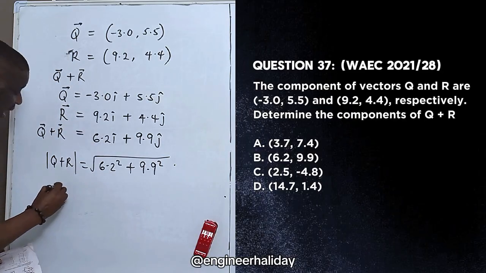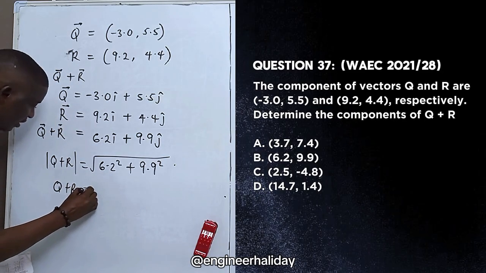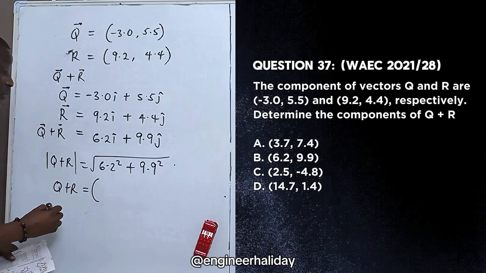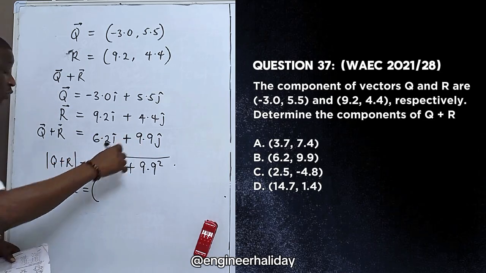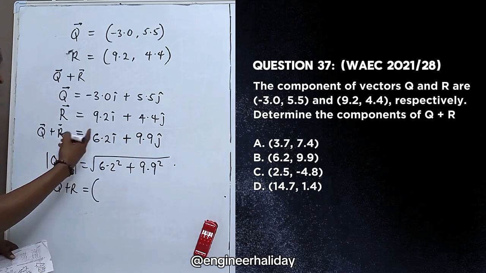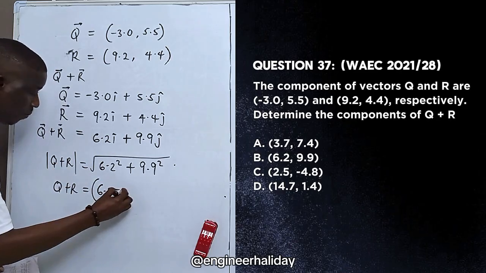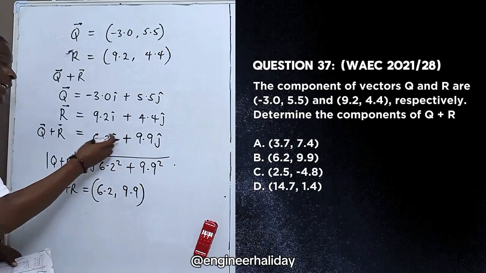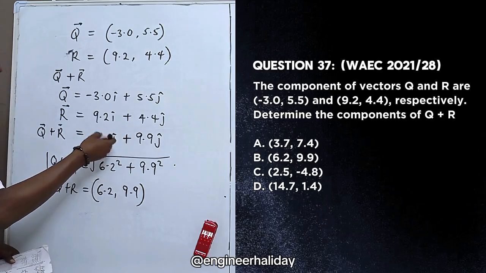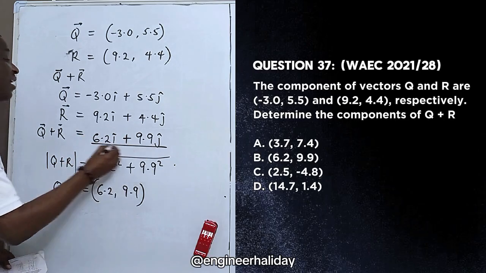But in this case now, our answer for Q plus R, if you want to represent it in coordinate form, is 6.2, 9.9. But in vector form, that means in ijk form, this is the answer.